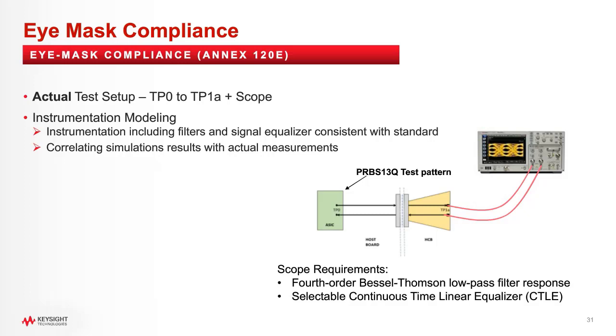So the question is, how do we model the instrumentation, including the filter and signal equalizer, consistent with the standards? And how do we correlate the simulation results with the actual measurement data?